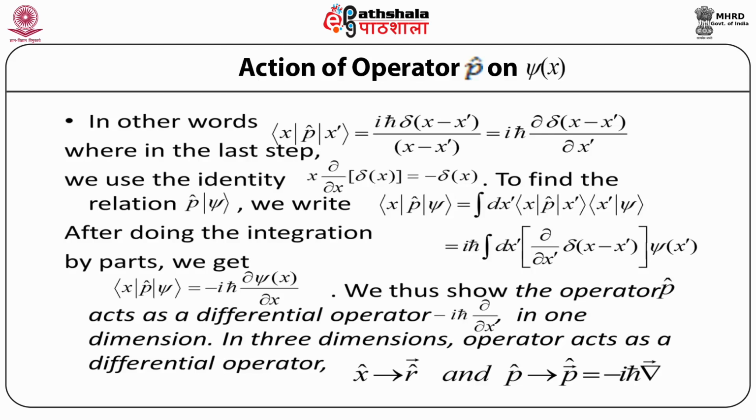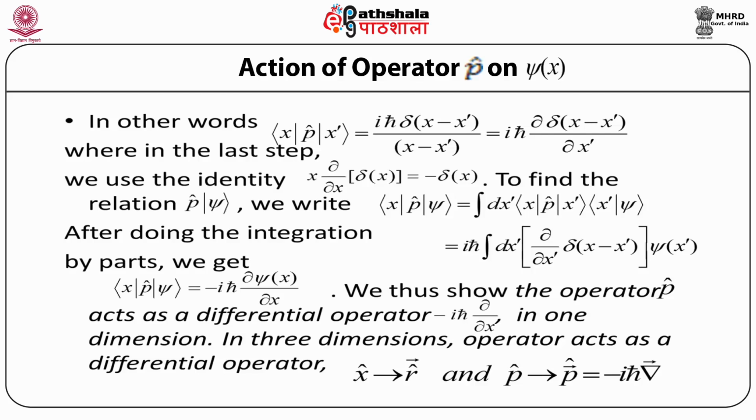To find the relation for operator p acting on state vector psi, we write ⟨x|p|ψ⟩ = ∫dx′ ⟨x|p|x′⟩⟨x′|ψ⟩ = iℏ ∫dx′ (∂/∂x′ δ(x − x′)) ψ(x′).